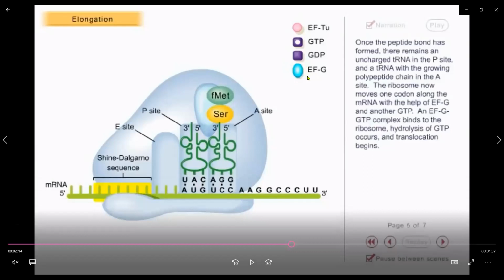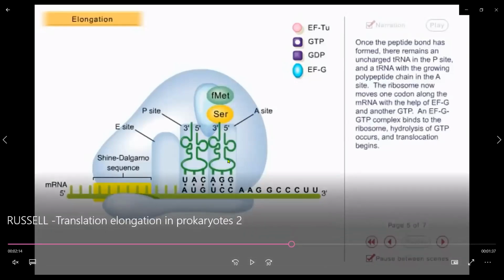This can also bind with the GTP, and with the breakdown of GTP, the energy released will help the ribosome to move one codon over the mRNA. So when the ribosome moves one codon over the mRNA, you can assume that the uncharged tRNA will move into the E site. The tRNA containing the growing polypeptide will move into the P site, and we will have a vacant, empty A site.